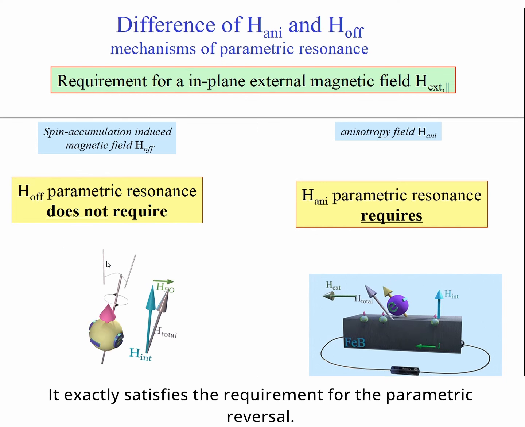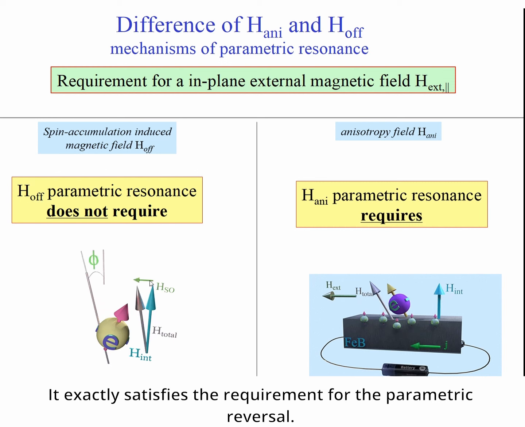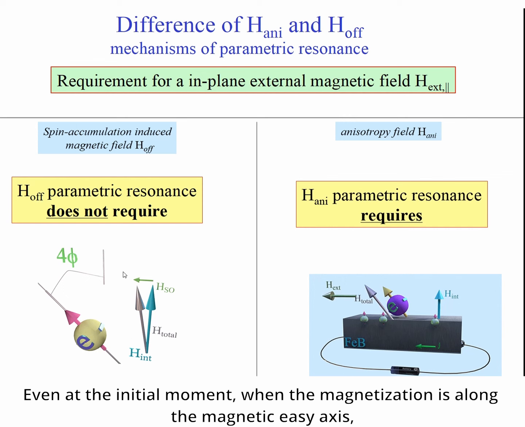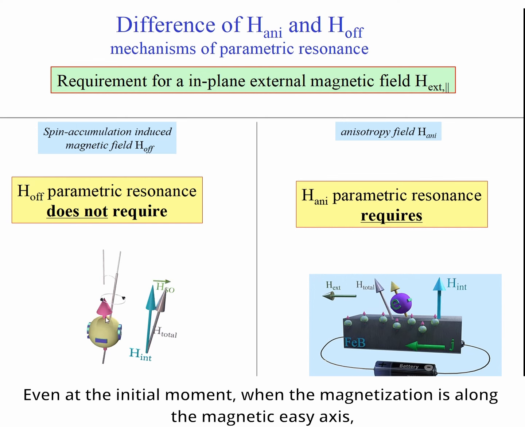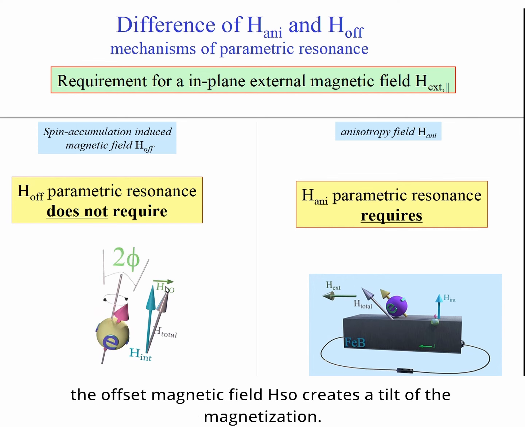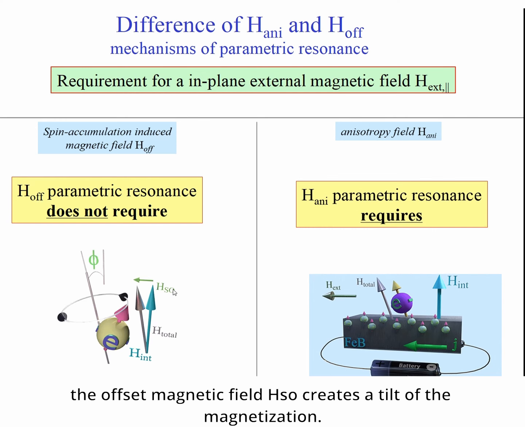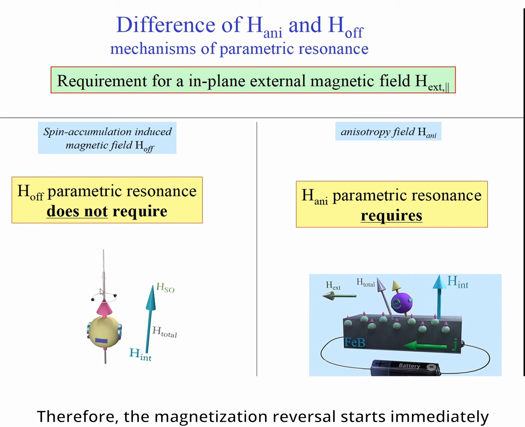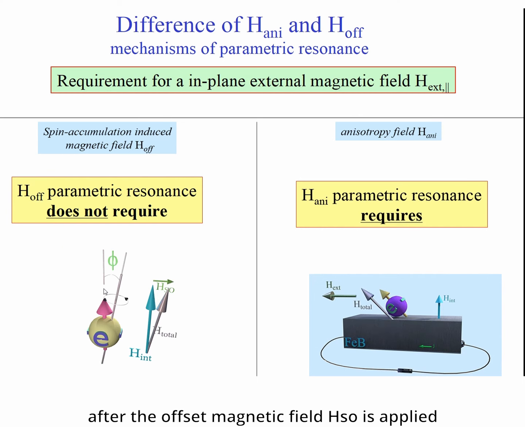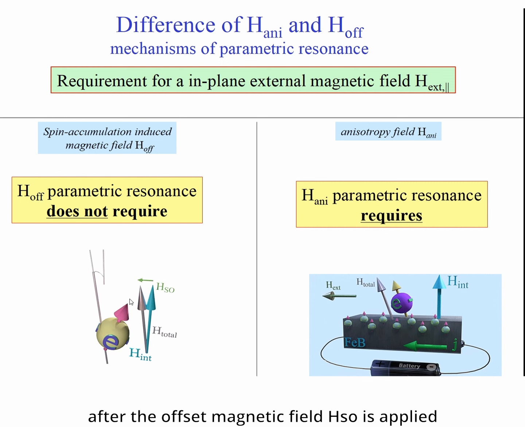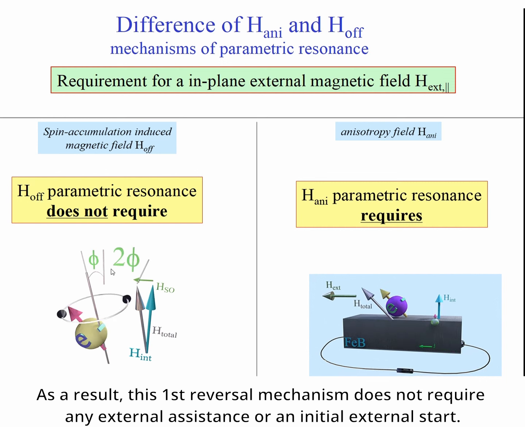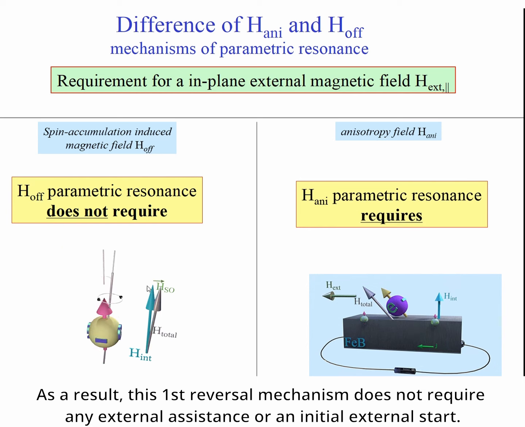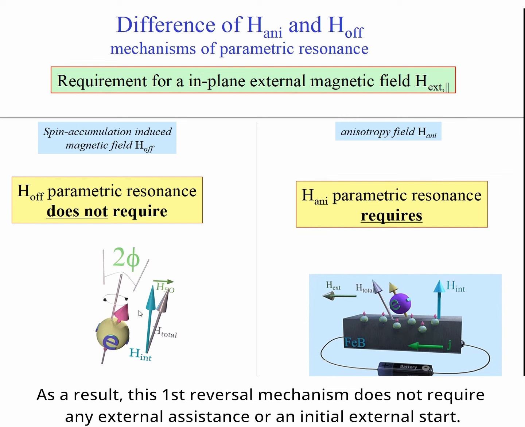It exactly satisfies the requirement for the parametric reversal. Even at the initial moment, when the magnetization is along the z-axis, the offset magnetic field SCO creates a tilt of the magnetization. Therefore, the magnetization reversal starts immediately after the offset magnetic field SCO is applied. As a result, this first reversal mechanism does not require any external field or initial external start.